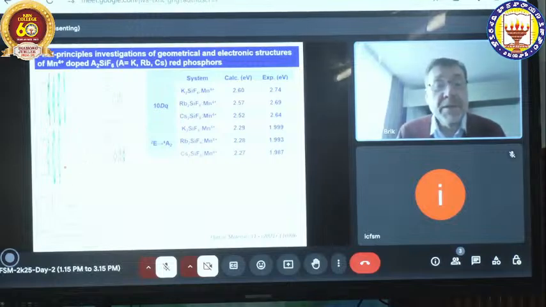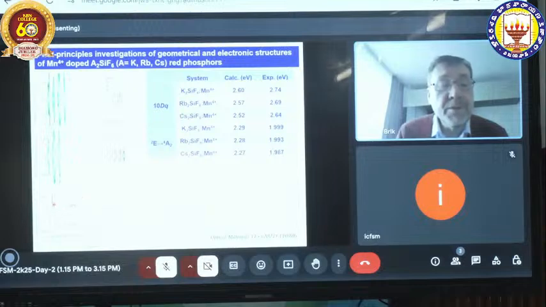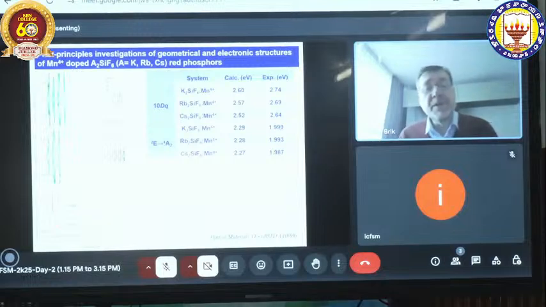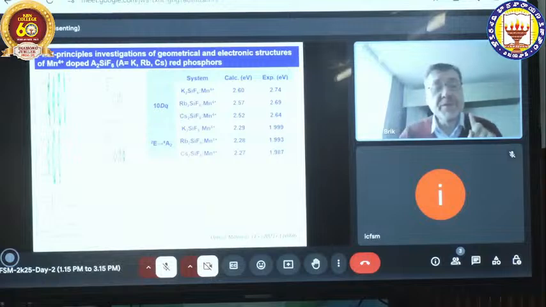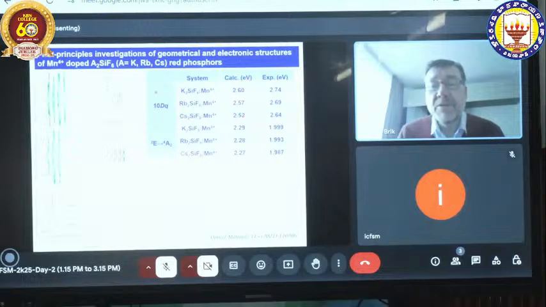When we analyze these states, the distance from T2g spin up to Eg spin up gives us the crystal field strength, the 10 Dq parameter. And the distance from T2g spin up to T2g spin down gives us an estimation of this spin-flip transition, 2E to 4A2.